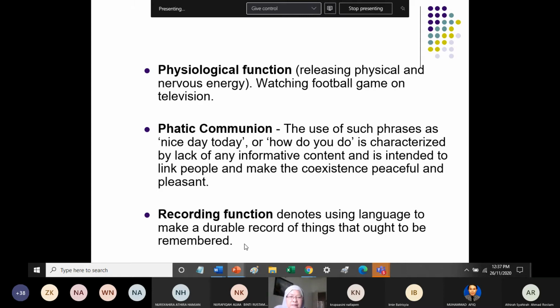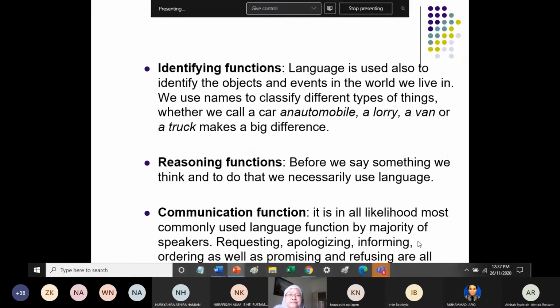There are some reasons why someone learning to read the Quran will actually record herself reading the Quran and then checking back the reading to the text and see whether there were some mistakes that were done. So recording function.